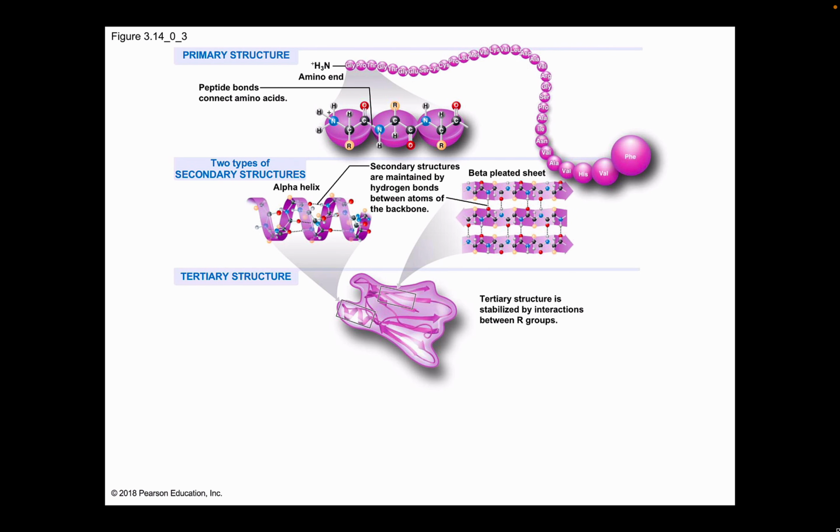Then tertiary structure is where you're going to end up getting your final three-dimensional shape, and that's driven by the interactions between the R groups. So again, hydrophilic R groups interacting with other hydrophilic R groups, hydrophobic R groups interacting with other hydrophobic R groups, and then also those cysteines interacting with each other to form those disulfide bridges.